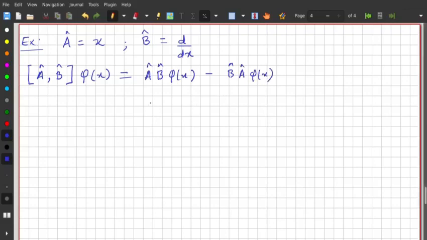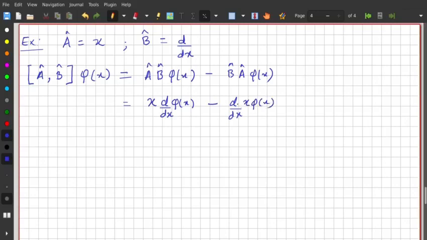Now let's use what A and B are: A is x, B is the derivative operator, and so the second term is the derivative of x times phi of x.